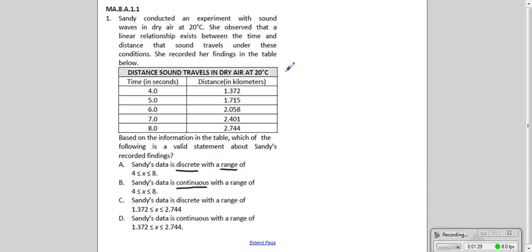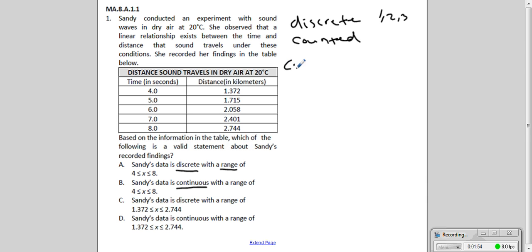First of all, we can talk about the discrete versus continuous. Discrete basically just means that it is counted. So if I can count something, I can say, for example, there are one, two, three chairs. That would be discrete. It's counted.